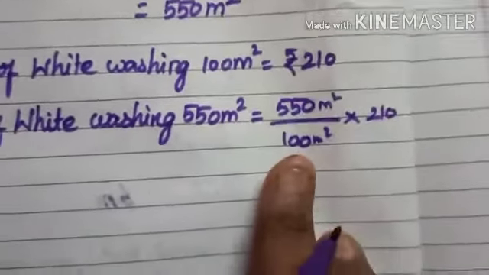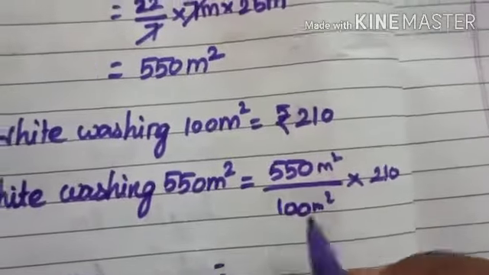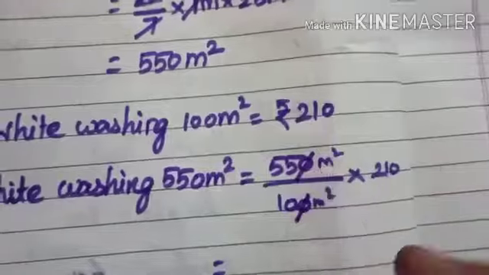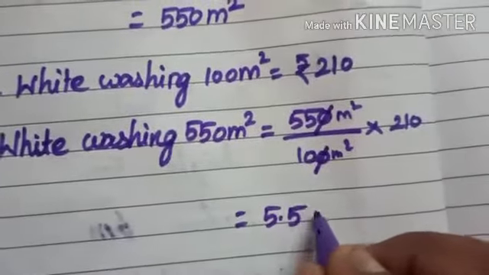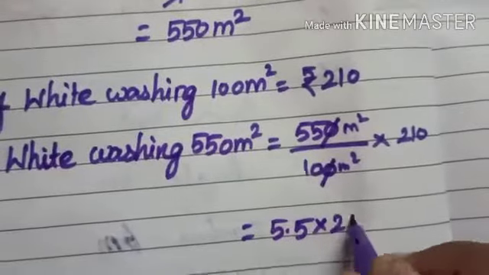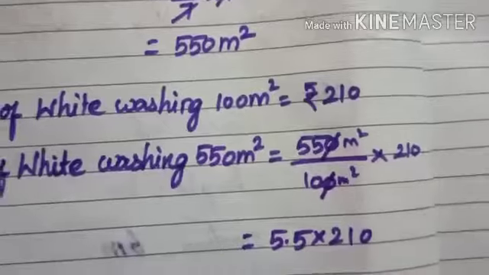Out of 100 meter square only 210. Now you can cancel this: you get 5.5 into 210. Otherwise, you cancel this 0 also: 55 into 21.